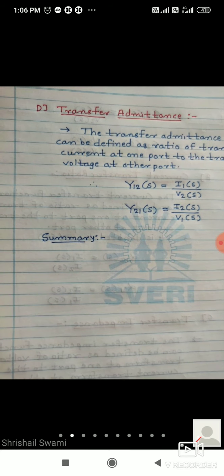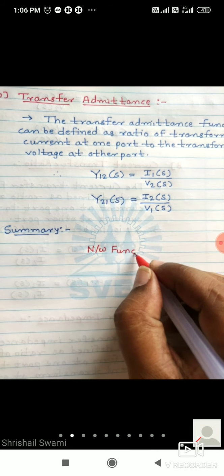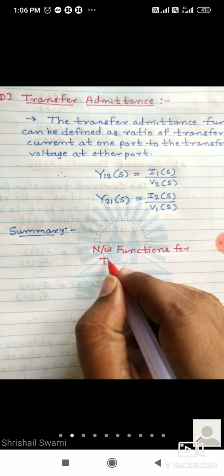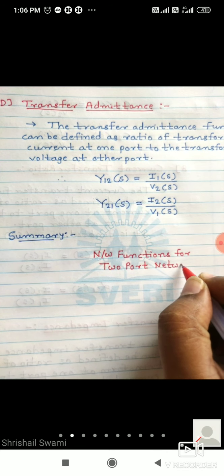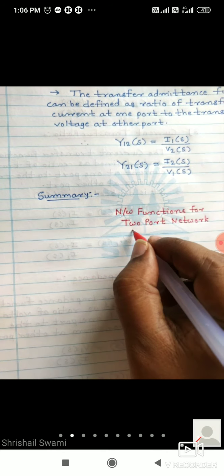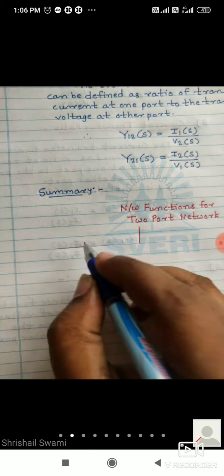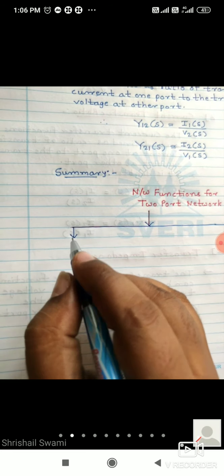Okay, so first of all, network functions for two port network. Okay, there are the two types. So here what will come? Here it will come driving point functions.